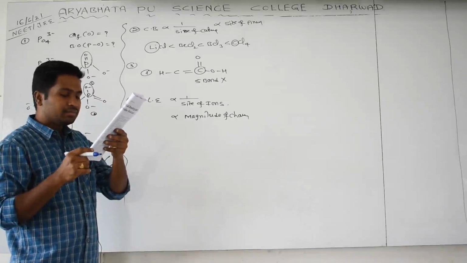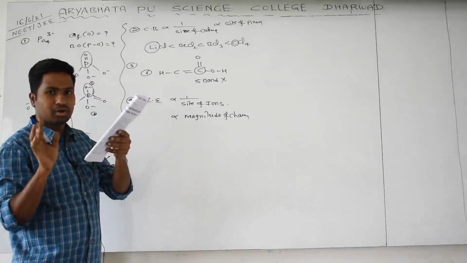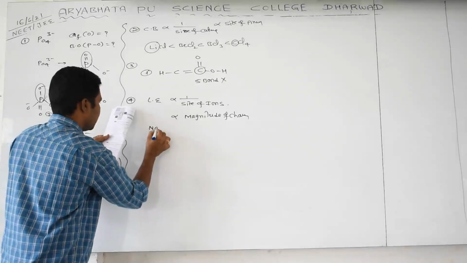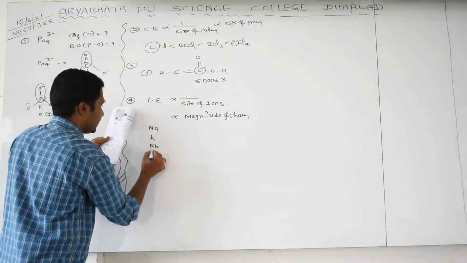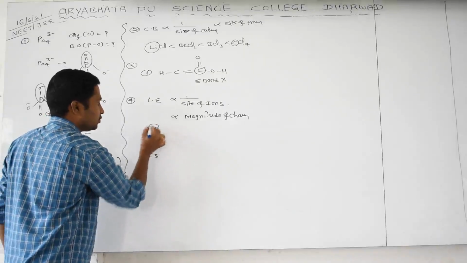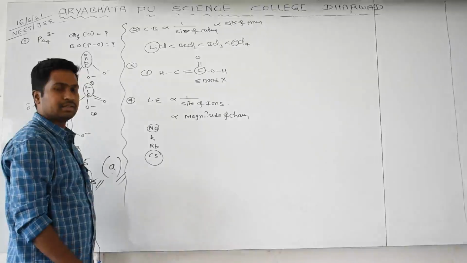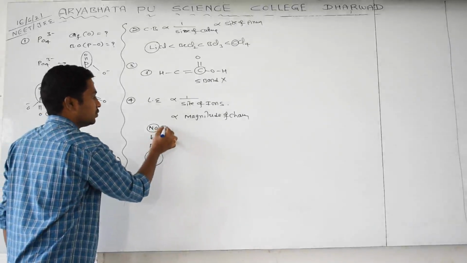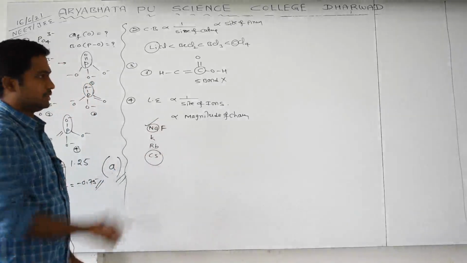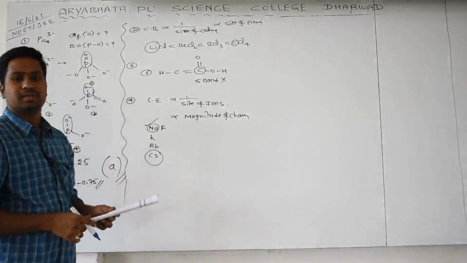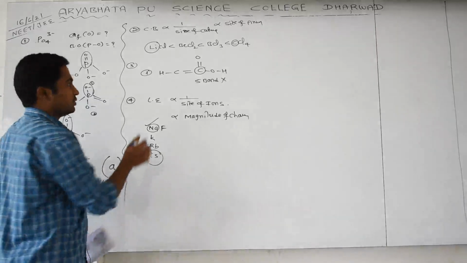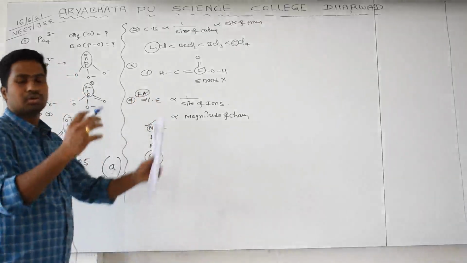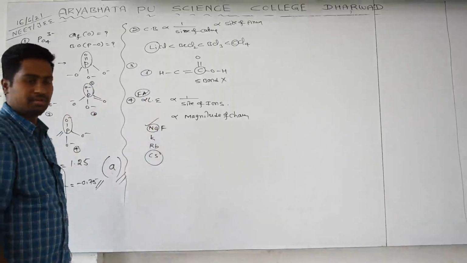All have fluorine in common, so go for sodium, potassium, rubidium and cesium. From sodium to cesium, size increases and lattice energy decreases. That is why small sized sodium fluoride has the highest lattice energy, because lattice energy is inversely proportional to the size of ions. Lattice energy is directly proportional to the force of attraction. For a small sized particle, there will be more force of attraction.